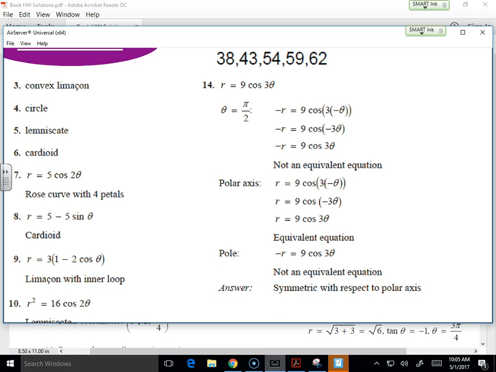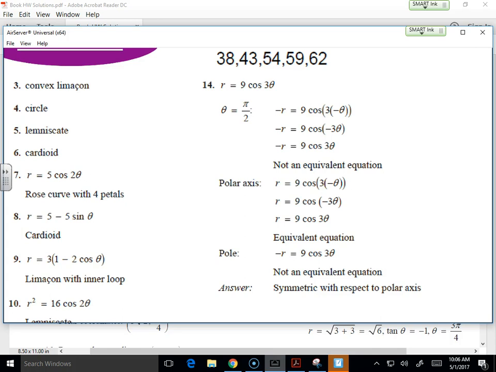14. They had you test for all the symmetries. I would not have you do that tomorrow. Remember what I said is be aware of what they look like. So I would have said number 14, to be honest, even though the directions I'm sure were different, how I modeled it in class, I would have said, hey, let's get the picture of this thing. See that it's a rose that goes, what, out 9, I think?